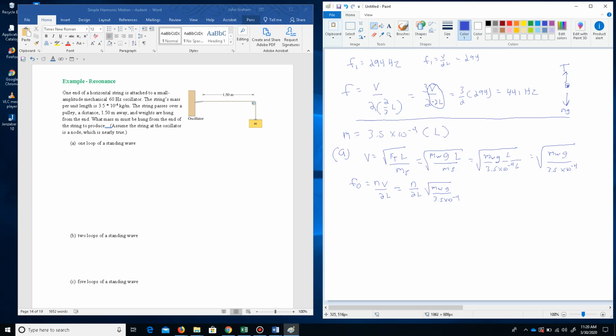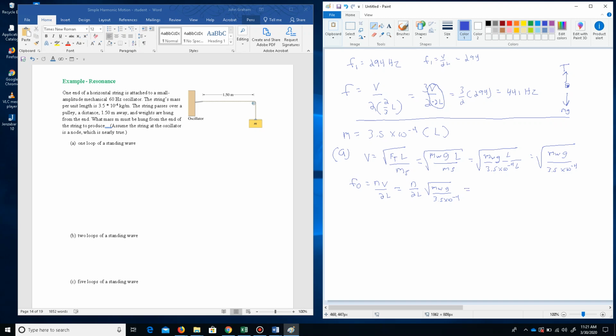What we want to do is find the mass that this is operating on when it's at one loop. And so this is when n equals 1, and we know that this operates at 60 hertz.